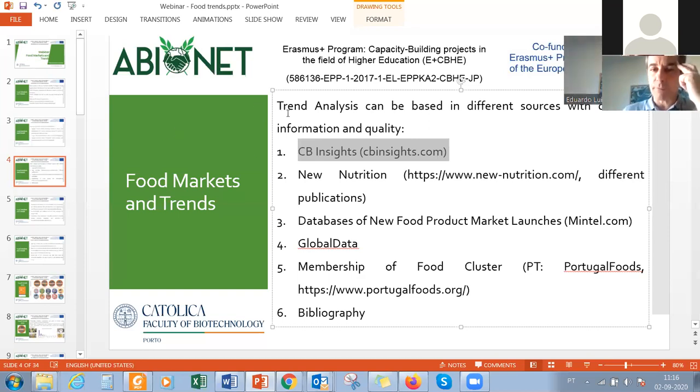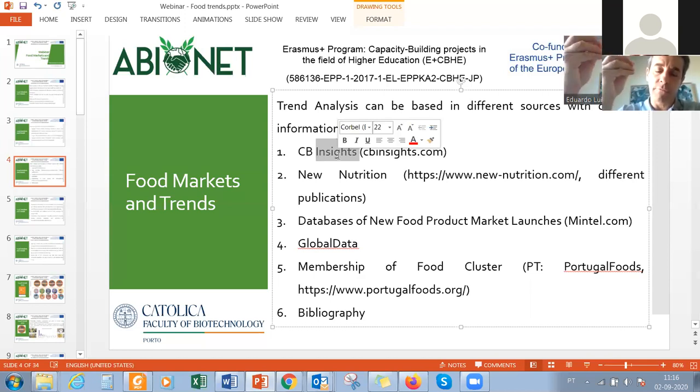By instance, CB Insights is very much focused on following the new investments. Look, new investments in food companies, or agri-food companies, or agri-food and beverages companies. They don't divide too much, so for them it's agri-business.